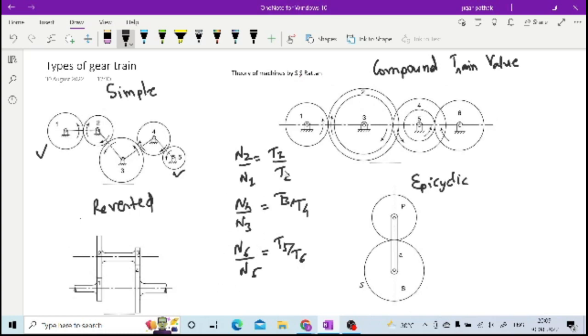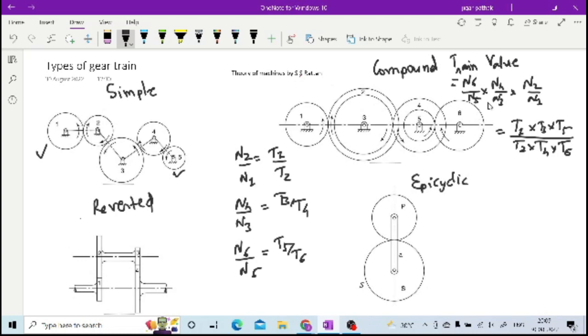So once you have all this, again you can go for finding this train value, which is n6 by n5 into n4 by n3 into n2 by n1 is equal to t1 into t3 into t5 divided by t2 into t4 into t6.